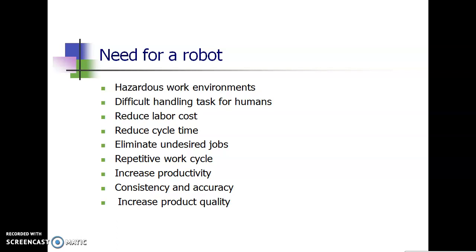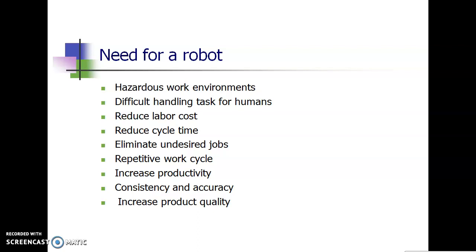Eliminate undesired jobs. Due to repeated jobs, accuracy may get reduced if you are using a human worker. So those things are avoided, and inaccurate or undesired jobs are eliminated. If you want to eliminate them, then you have to go for a robot.